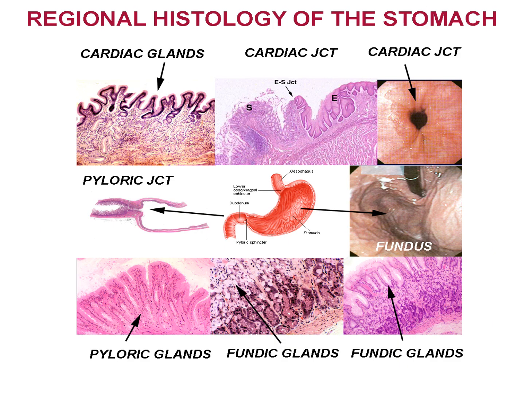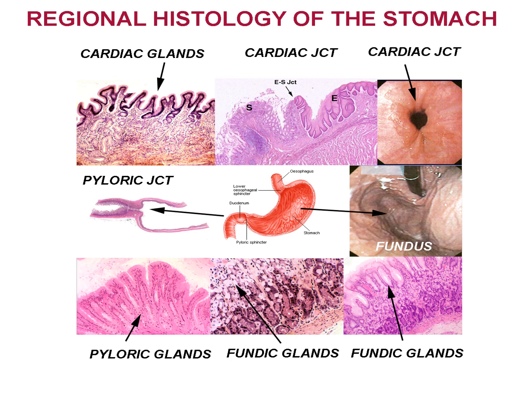As I said, we have the cardiac region, the pyloric region, and finally the fundic region. For the histological appearance, the cardiac region and the pyloric region are almost similar, and sometimes it is difficult to differentiate between them.